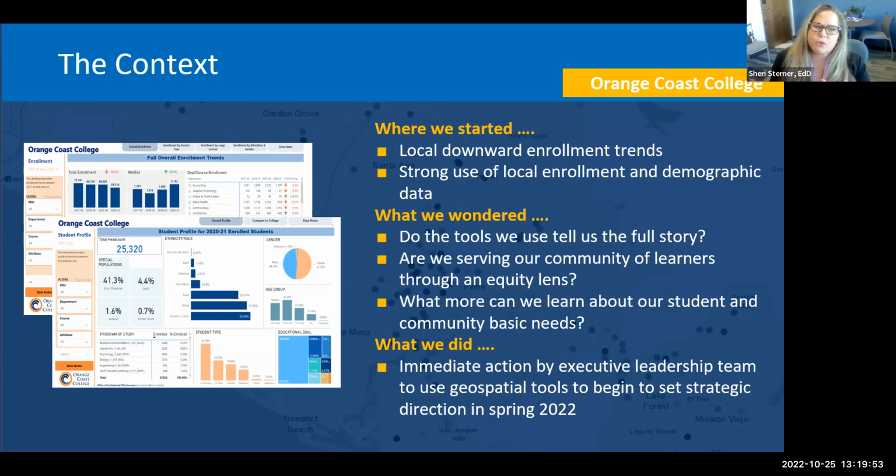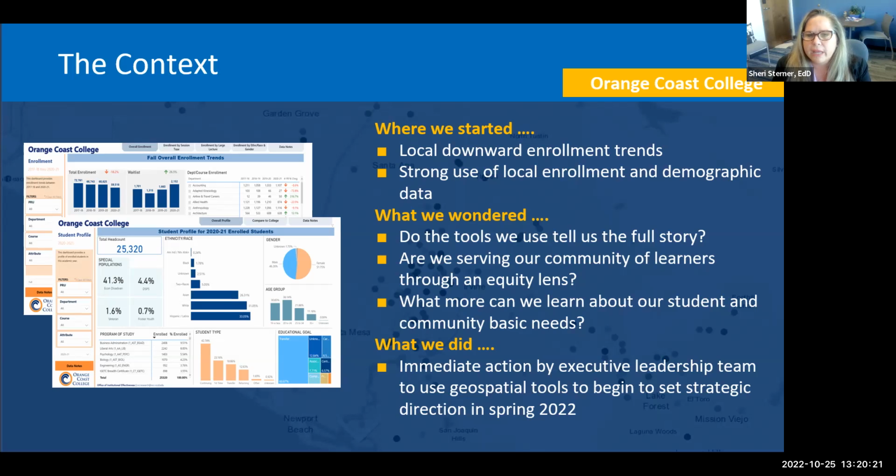But we're also wondering, what is the extent that those are barriers out in the community? Since we have such robust services on campus, can we help meet some of those barriers in our community and facilitate adult learners in our community coming to Orange Coast, knowing that we have the ability to help with those needs?